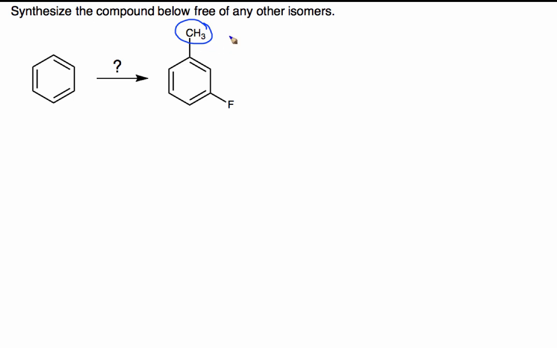Well, to get the methyl group on the aromatic ring, we're going to want to do a Friedel-Crafts alkylation. Okay, and to get the fluorine on the ring, we're going to have to do this through actually forming the diazonium ion at this position, and then we can treat this with HBF4 to convert that to the fluoride.